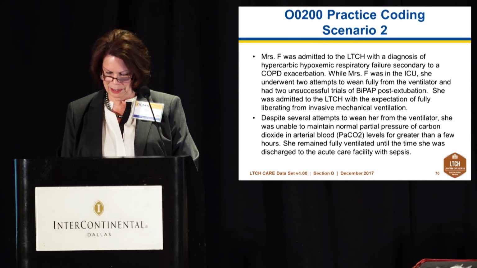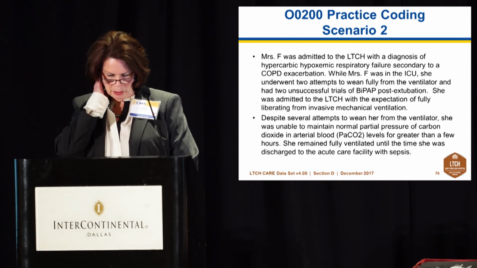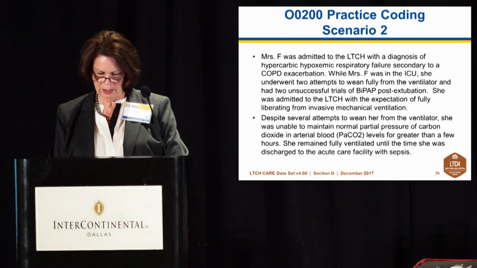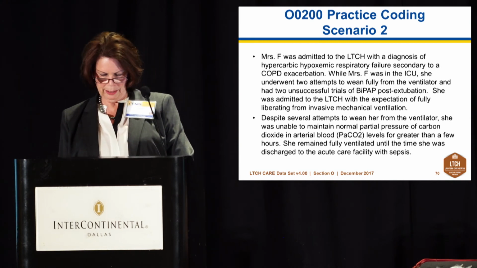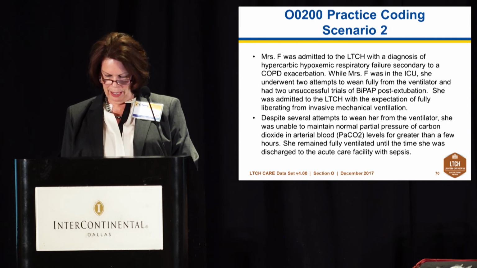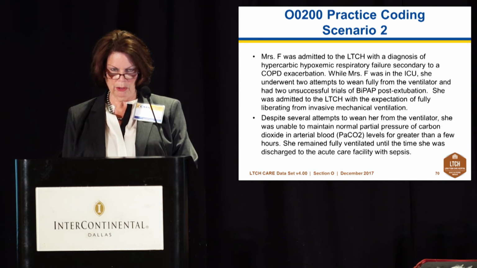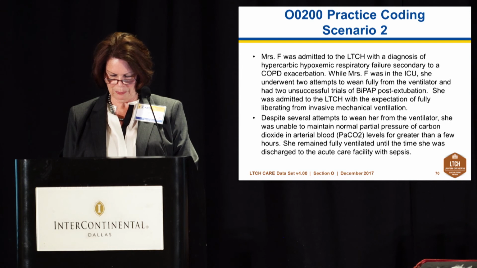Mrs. F was admitted to the LTCH with a diagnosis of hypercarbic hypoxemic respiratory failure secondary to a COPD exacerbation. While Mrs. F was in the ICU, she underwent 2 attempts to wean fully from the ventilator and had 2 unsuccessful trials of BiPAP post-extubation. She was admitted to the LTCH with the expectation of fully liberating from invasive mechanical ventilation.